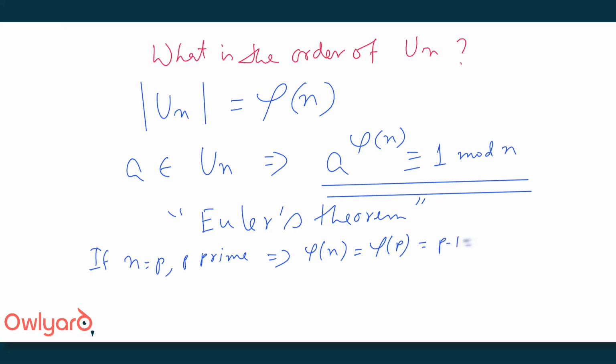And that will imply that a to the p minus 1 is congruent to 1 mod p. This result is the corollary, which is often known as Fermat's Little Theorem.